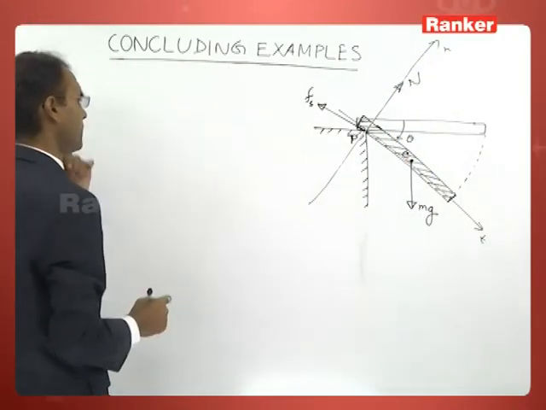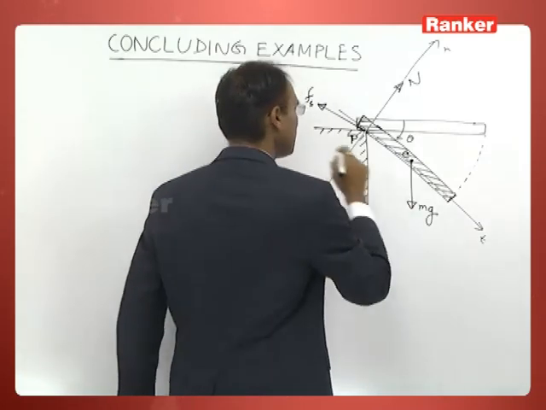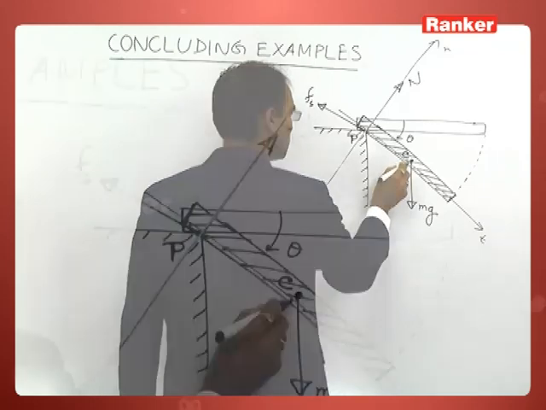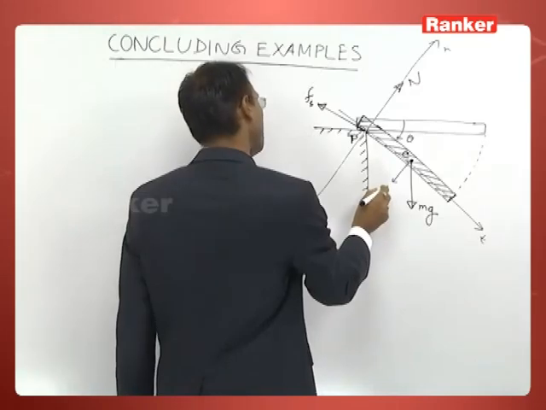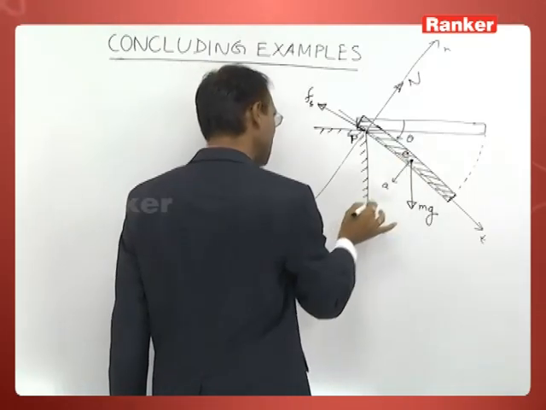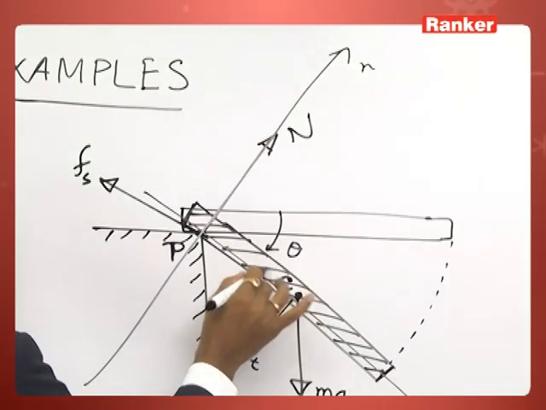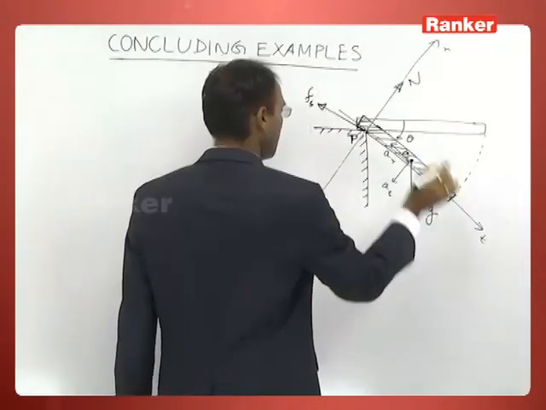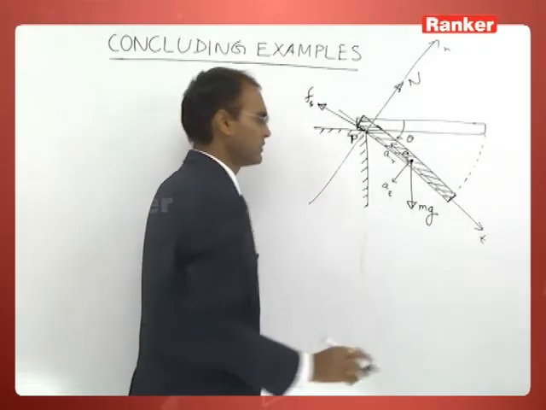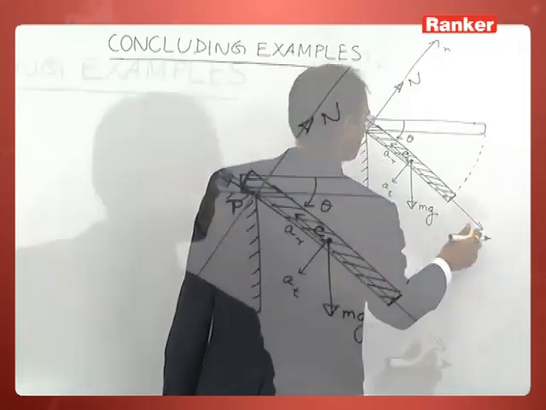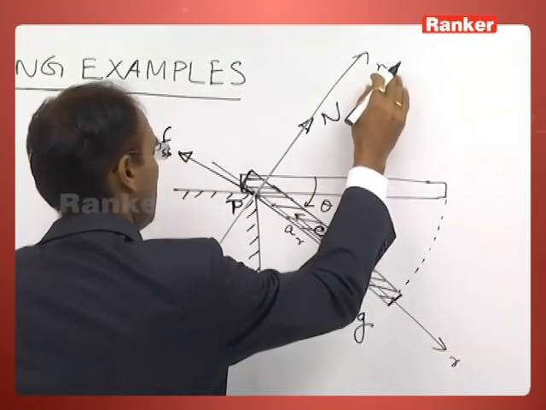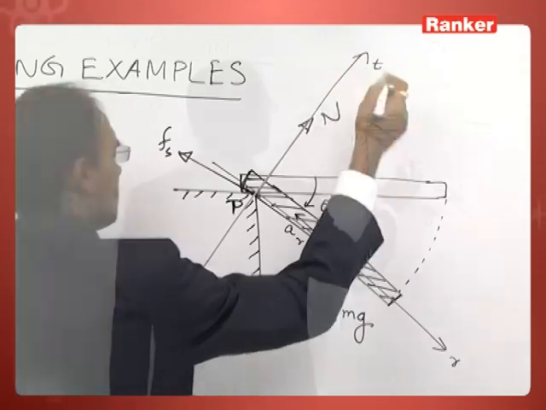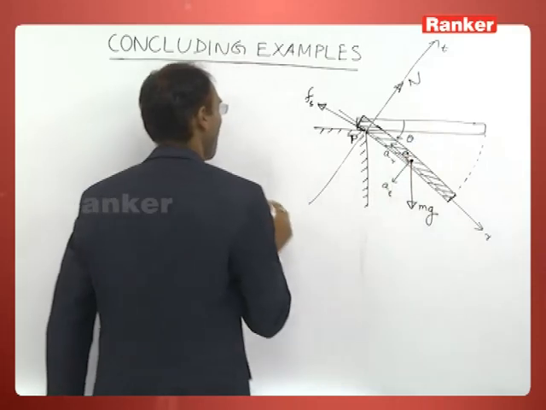Let us write the equation. But before that, let us mention the acceleration, the tangential acceleration, and this is the radial acceleration. This is the r axis, or you can call it t axis. Let us write the equation now.